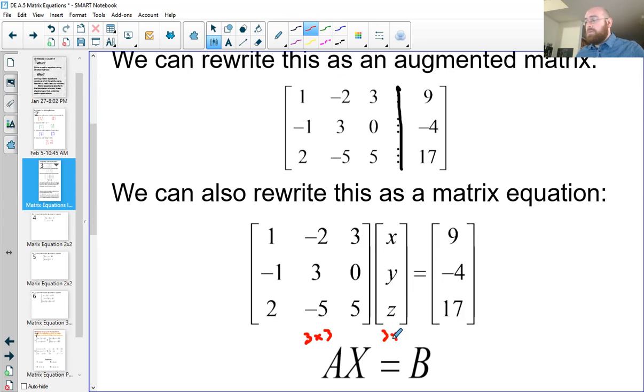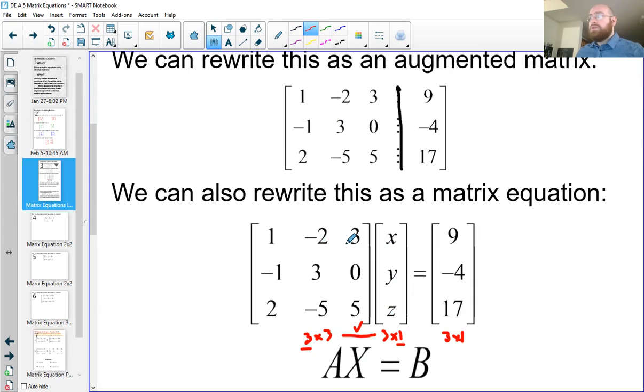This is a 3 by 1 matrix, 3 rows, 1 column. So the interior numbers match, and the product is going to be a 3 by 1 matrix carrying the outside numbers. So this is all defined by matrix multiplication.